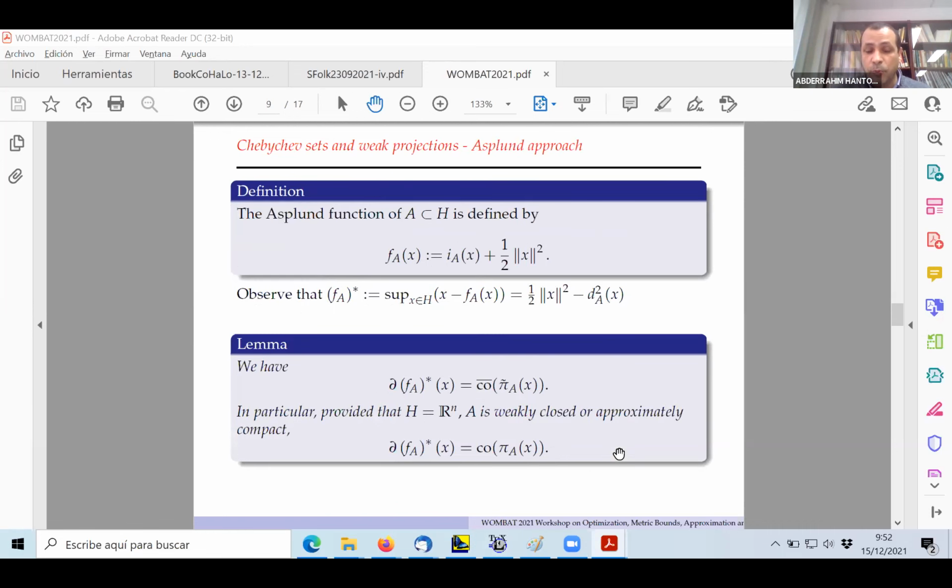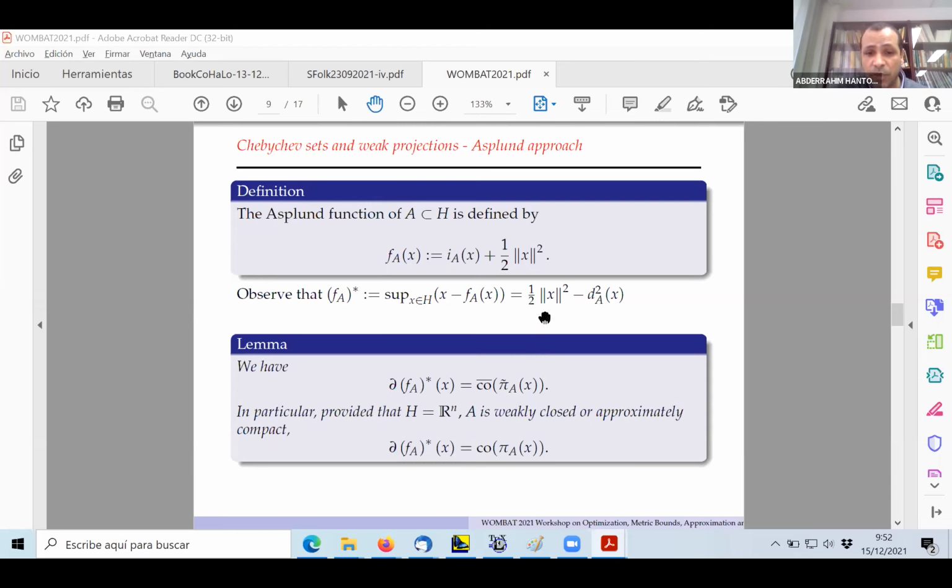To prove this, to deal with this, there is a classical approach introduced in the 60s by Asplund. If we consider this Asplund function, the indicator of A plus the norm squared, we can calculate its conjugate function, very easily.